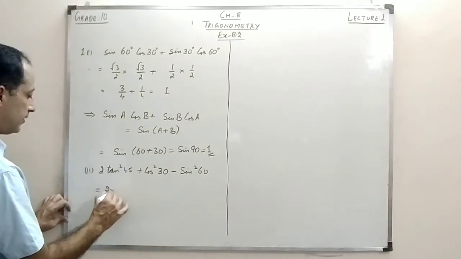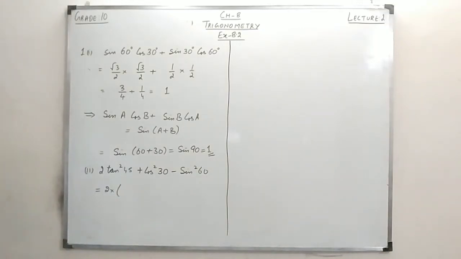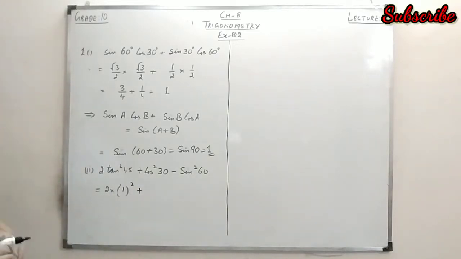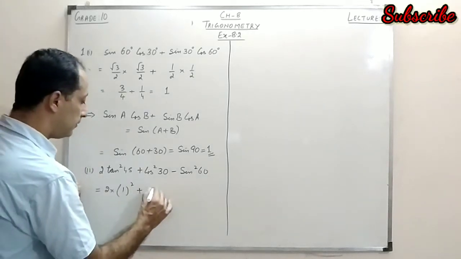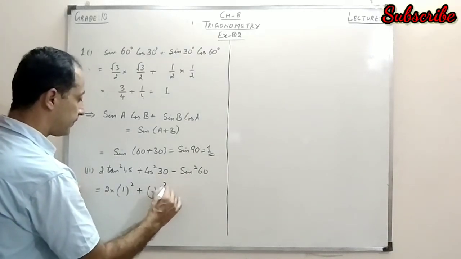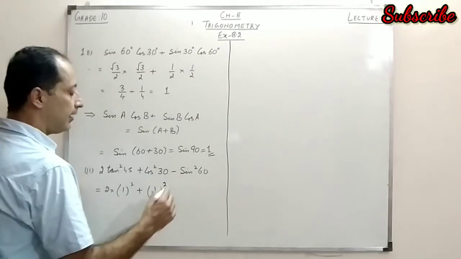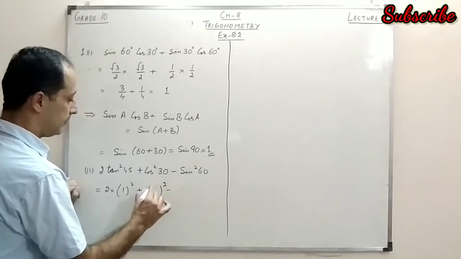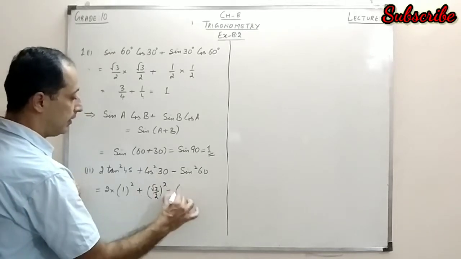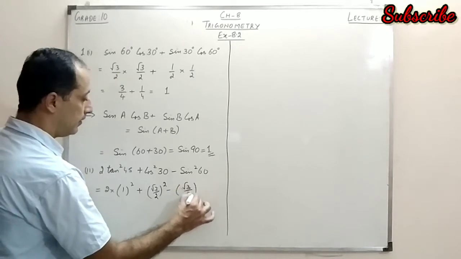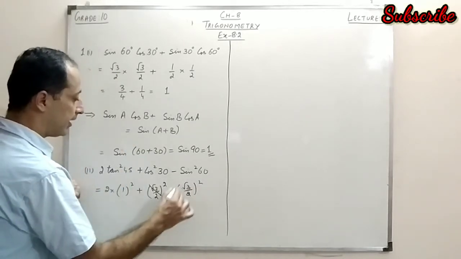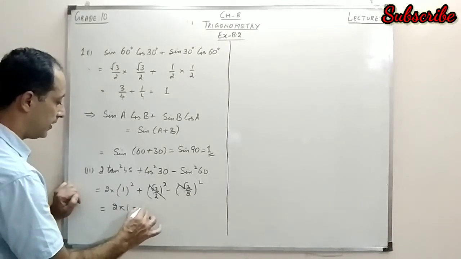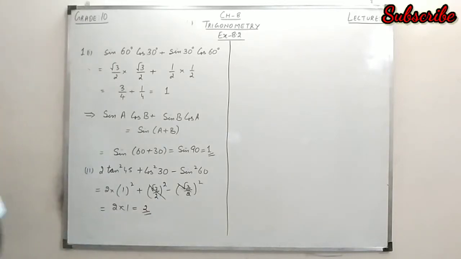This is 2 times, now the value of tan 45 is 1, so this is 1 square, plus the value of cos 30 is root 3 upon 2, that is root 3 upon 2 whole square, minus the value of sin 60, this is also root 3 upon 2 whole square. Since the values are same, we can cancel them out. So what I am left with is 2 times 1, that is equal to 2. So that is the solution for the second part.